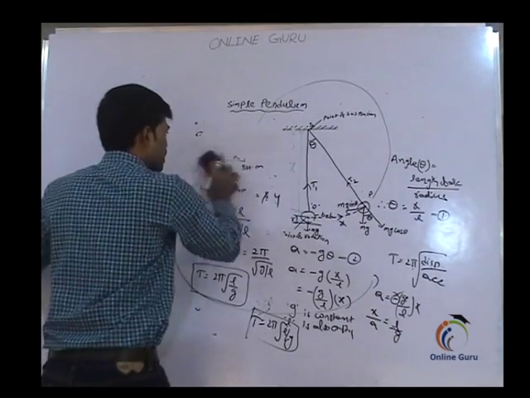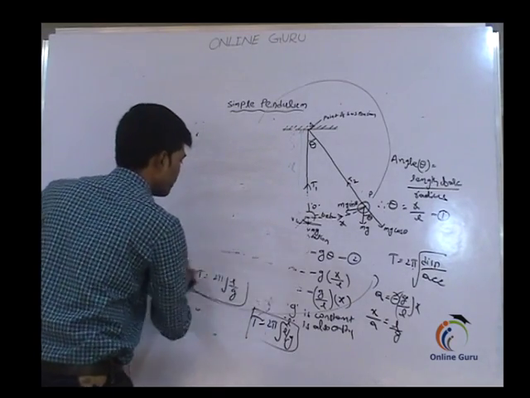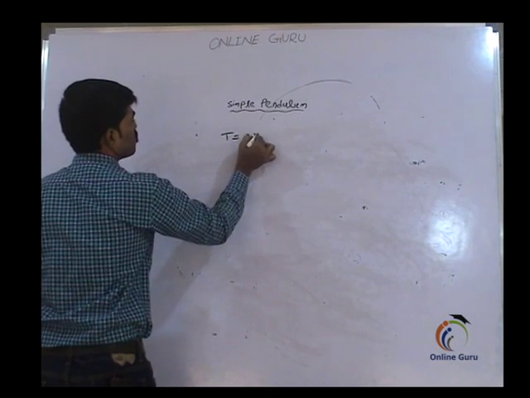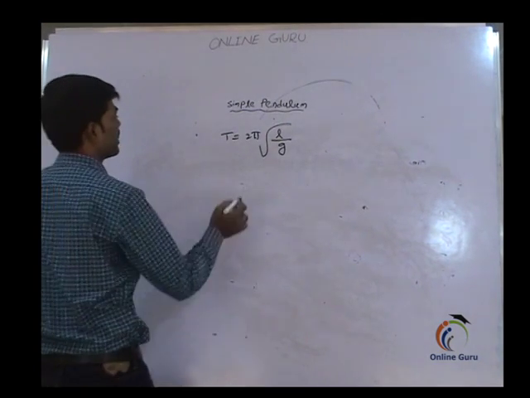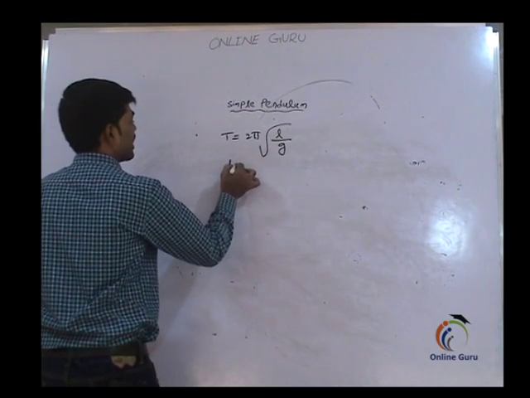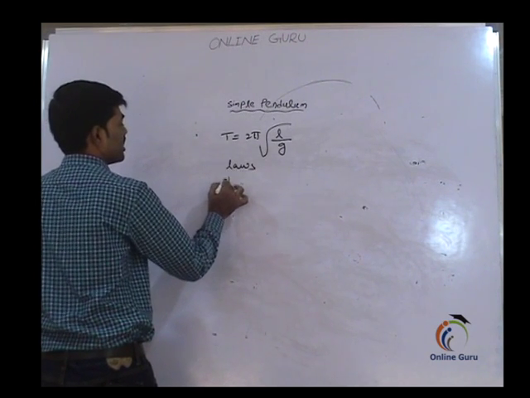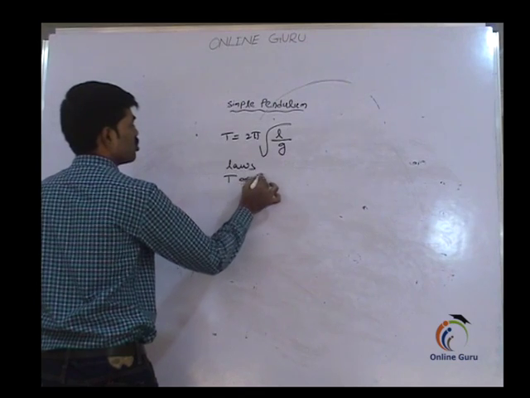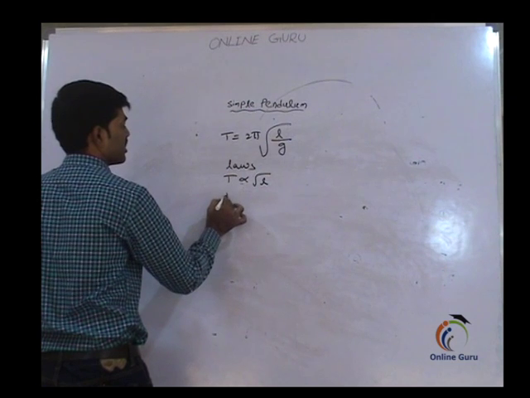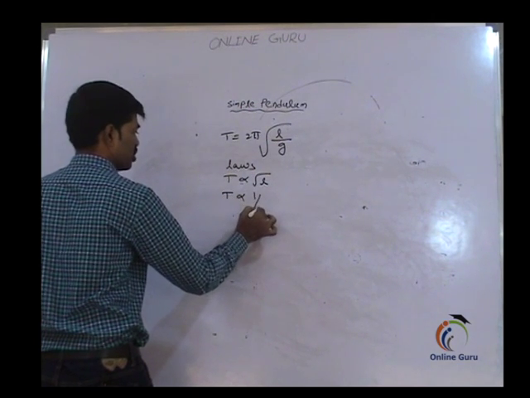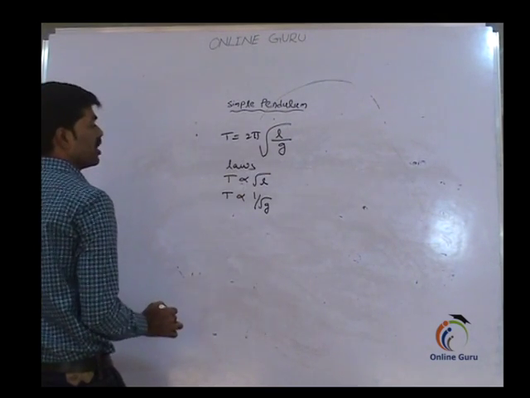Now we will discuss the laws of the simple pendulum. T is equal to 2 pi under root of L by g. This is the expression for time period. From this we can write the laws of the simple pendulum. T is directly proportional to root L, that is the first law. T is inversely proportional to root g, that is the acceleration due to gravity.